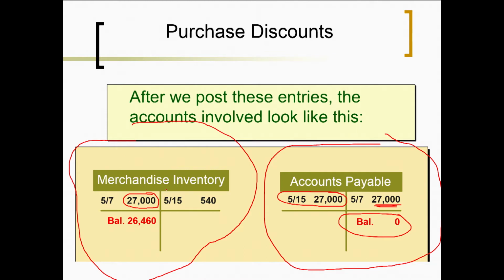How much did we pay for it? $26,460. So by crediting merchandise inventory for that $540, our inventory will be recorded at the true cost of what we paid for it. Are you with me? Okay? So that's why we do that, to follow the cost principle, or sometimes called the historical cost principle. Cool? Okay, let's switch over.